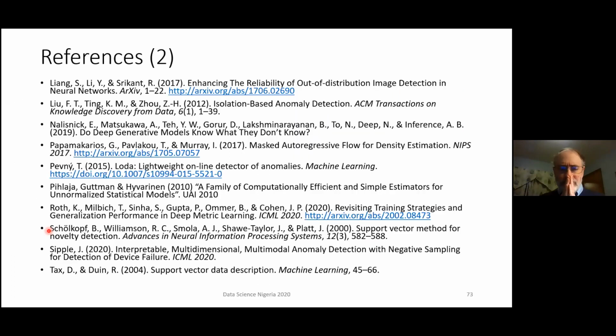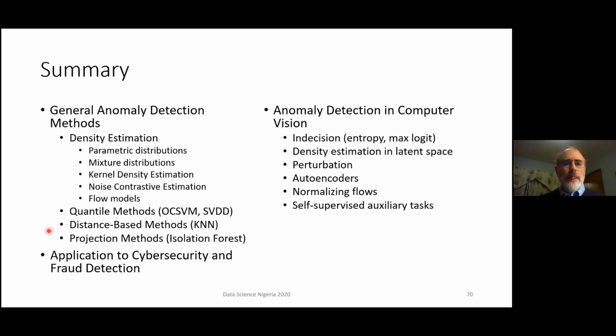Let's see if I can see the summary. I described general anomaly detection methods. I spent most of the time on density estimation because this is the area that has been most deeply studied.